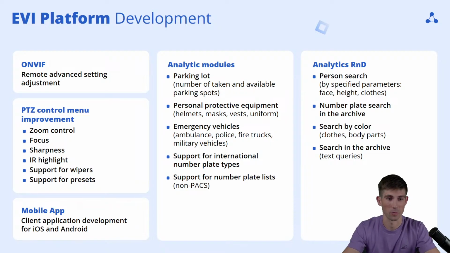So ONVIF and RTSP is supported for all the devices, so you can use third-party equipment with this system, and we are extending the support of ONVIF. With the next versions, we are planning to extend the settings that can be changed on the cameras to more advanced. We are also extending the PTZ control menu.